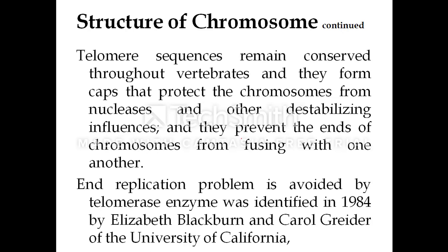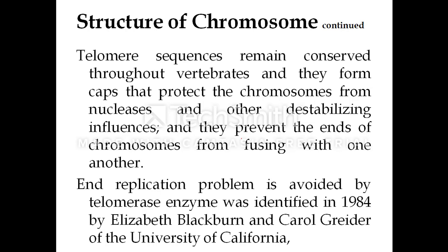The telomere sequences remain conserved throughout the vertebrates, and they form caps that protect the chromosomes from digestion by nucleases and other destabilizing influences. How do they maintain the stability of the chromosome?